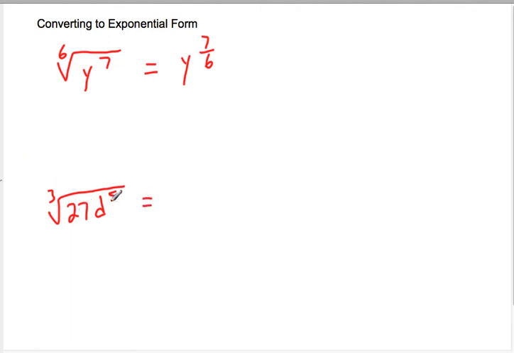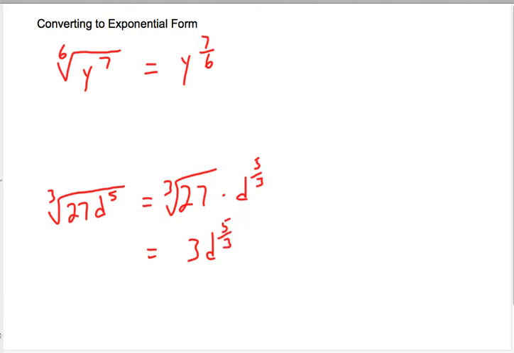The 5 is not affecting 27 because it only sees the d here. So what we have is 27 to the 1/3 power, or the cube root of 27, times d to the 5/3. Now the cube root of 27 is 3, so we can just say 3d to the 5/3.